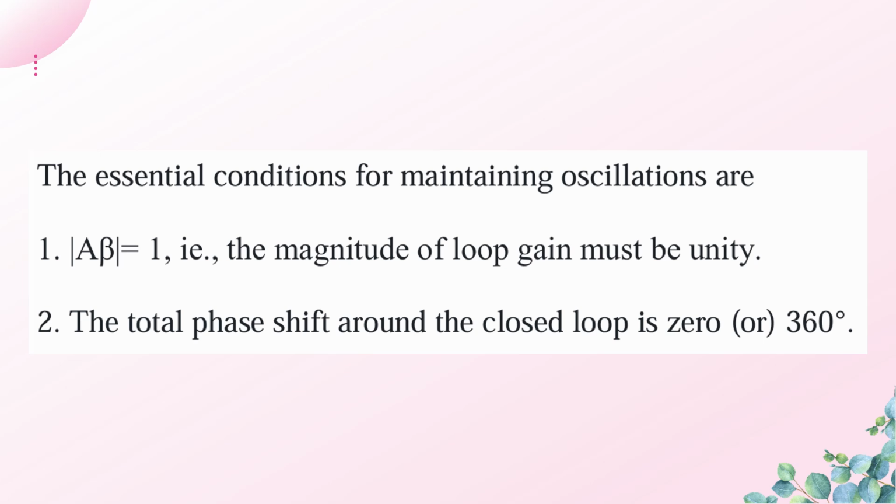So, the multiplication of A and beta must be equal to 1. And the second condition for oscillation is the total phase shift around the closed loop is either 0 or 360 degree. Whenever these two conditions are satisfied, the circuit will enter into oscillation condition.